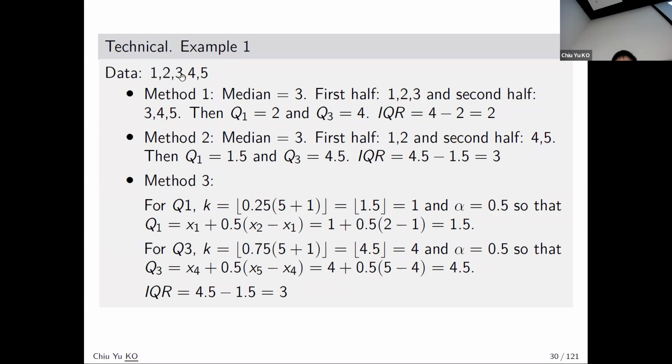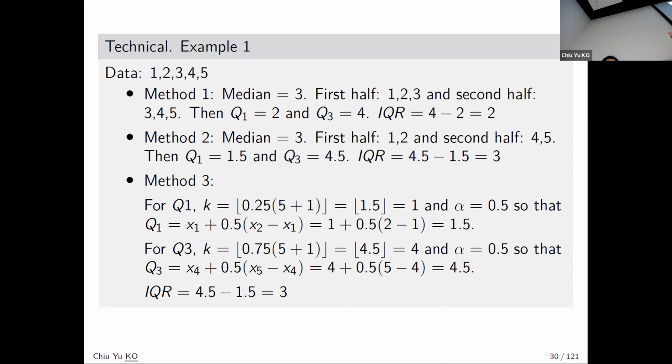The second half will be 3, 4, 5, but you don't care about the 3, so it's 4, 5, and the middle is 4.5. So it's 4.5 minus 1.5, that's 3. Is that clear what's going on here? Any question, or do you need me to repeat?